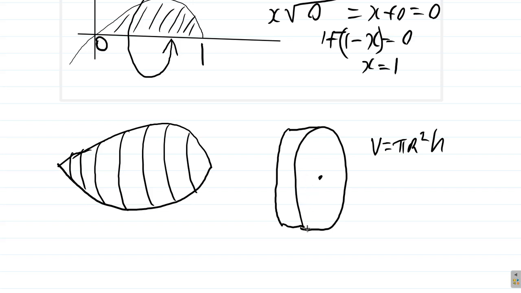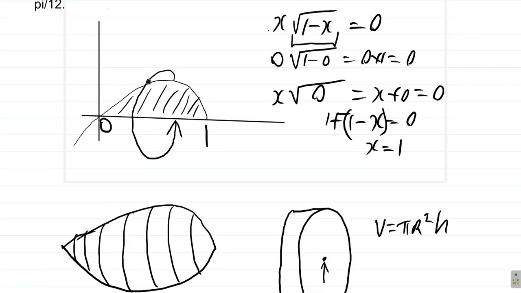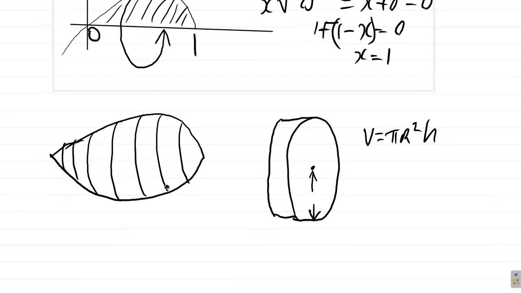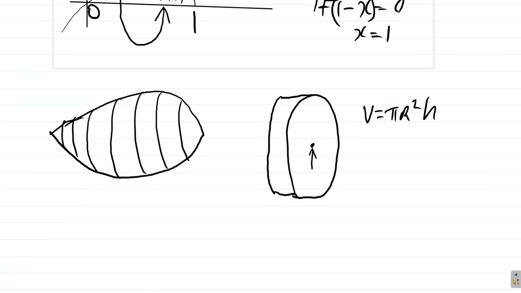Now here, the radius. What would the radius be? If you go upwards or downwards, you get the radius. In fact, let me go upwards for the radius. This radius would be the y value for whatever x is, right?